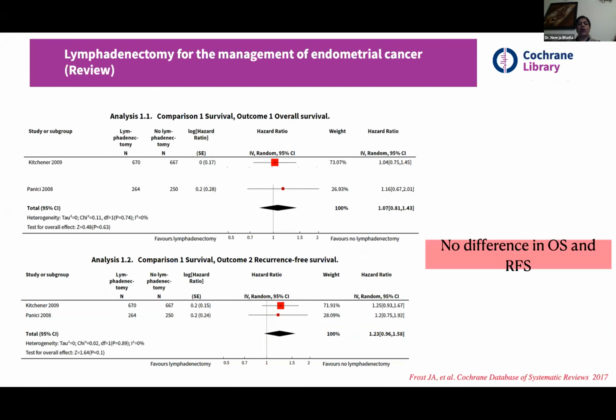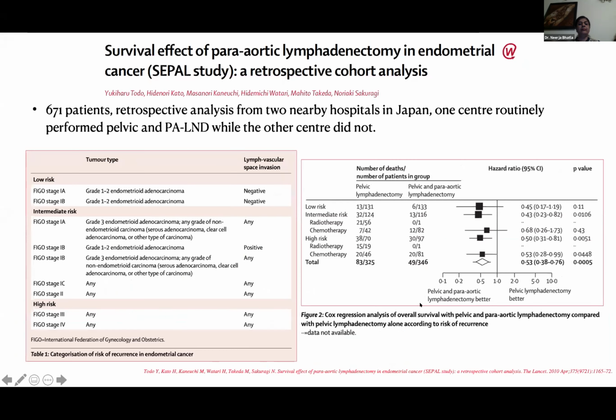And then there was the Cochrane review, which was basically based on these two studies, primarily for want of any better studies, which has showed the same thing, no difference in OS and recurrence-free survival. Next slide. And the study which was spoken about, looking at the survival effect of para-aortic lymphadenectomy in endometrial cancer, again, a retrospective cohort study.